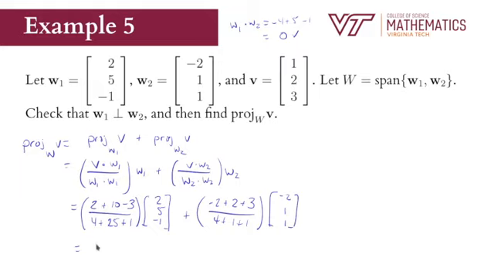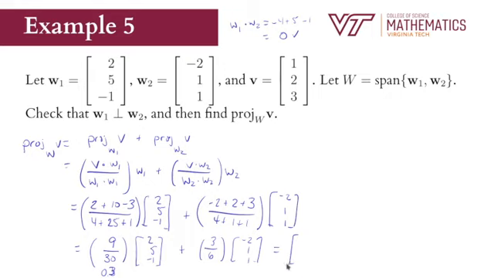So let's see how this goes. 12 minus 3 is 9. 29 plus 1 is 30. And then this is 3 over 6. Nine over 30 reduces to 3/10, which is 0.3.